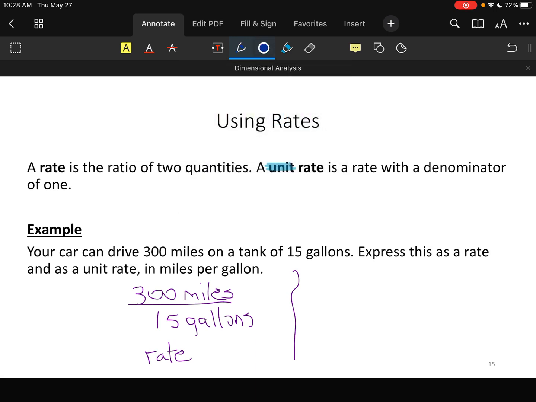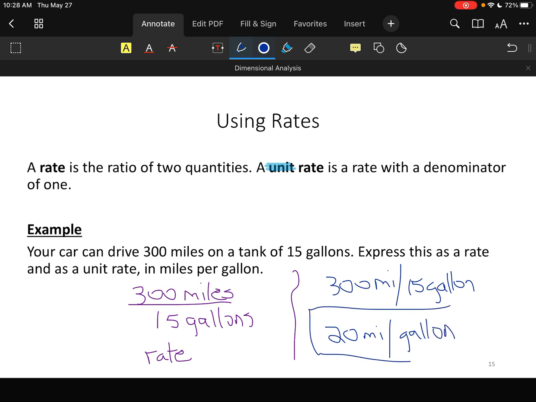You take your 300 and divide by 15 gallons, and we end up with 20 miles per gallon. That's our unit rate, and when we simplify the rate, it'll still be 20 miles per gallon.